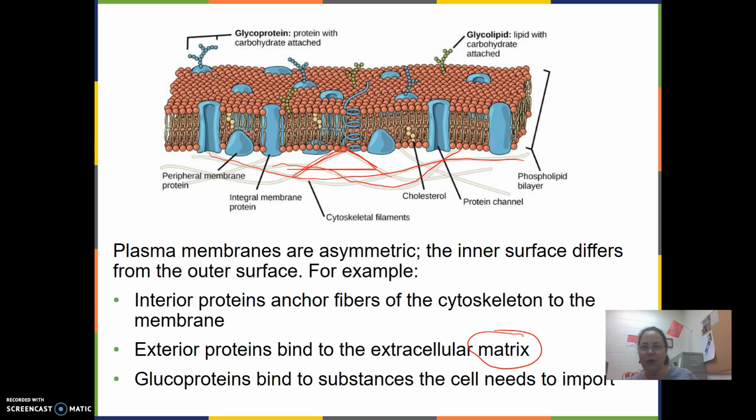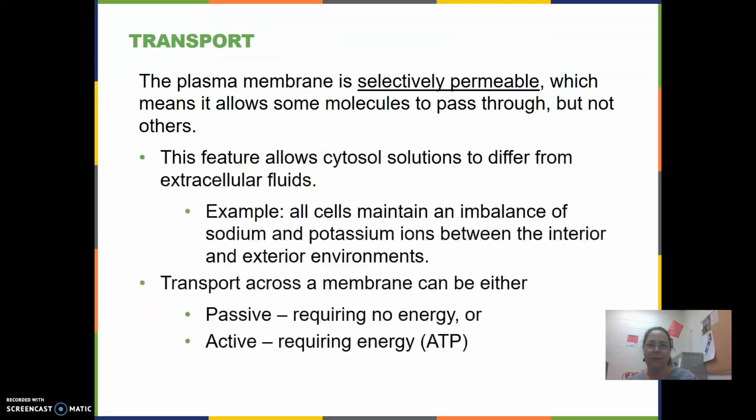And then glycoproteins, not glucoproteins, this should be glyco. Glycoproteins bind substances the cell needs to import. The plasma membrane is selectively permeable, or you may have heard it referred to as semi-permeable.